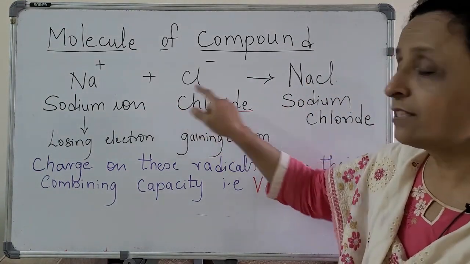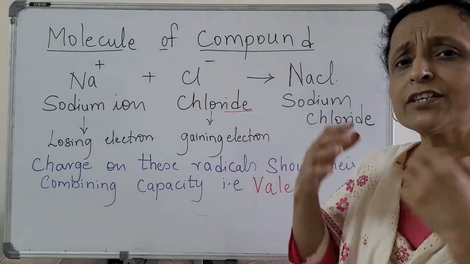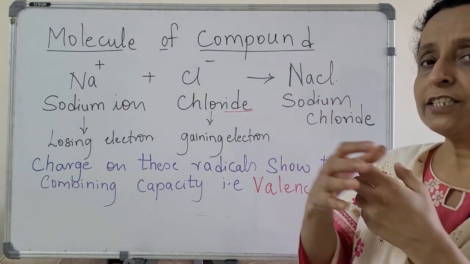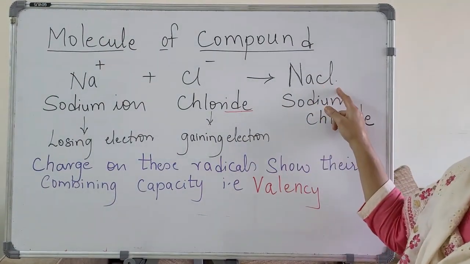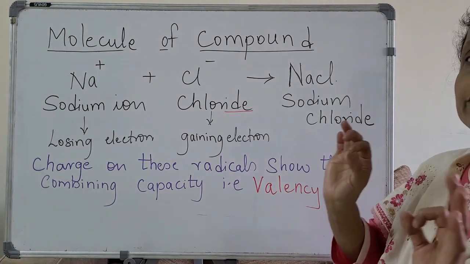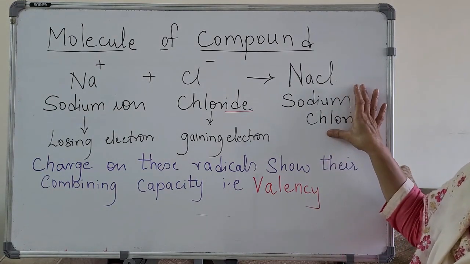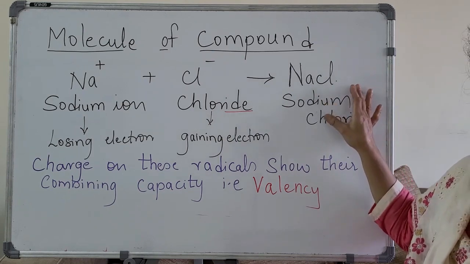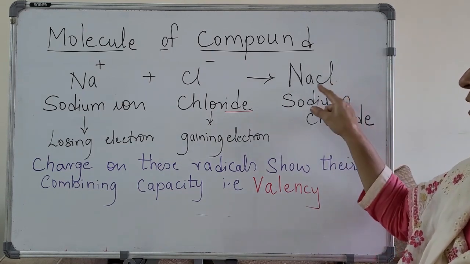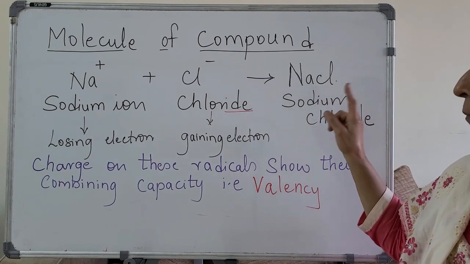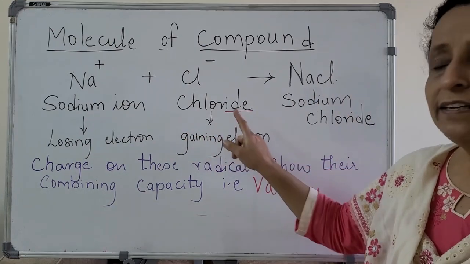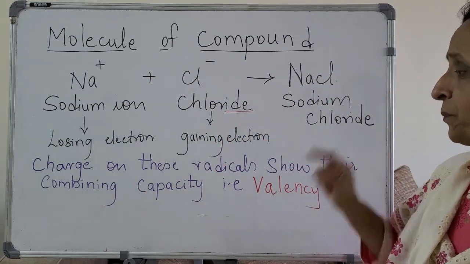Now this is positive, that is negative, equal and opposite charges, they attract each other and they form sodium chloride, which is neutral. So this compound sodium chloride, the table salt which you eat every day, is this salt. So chemical combination has taken place this way.